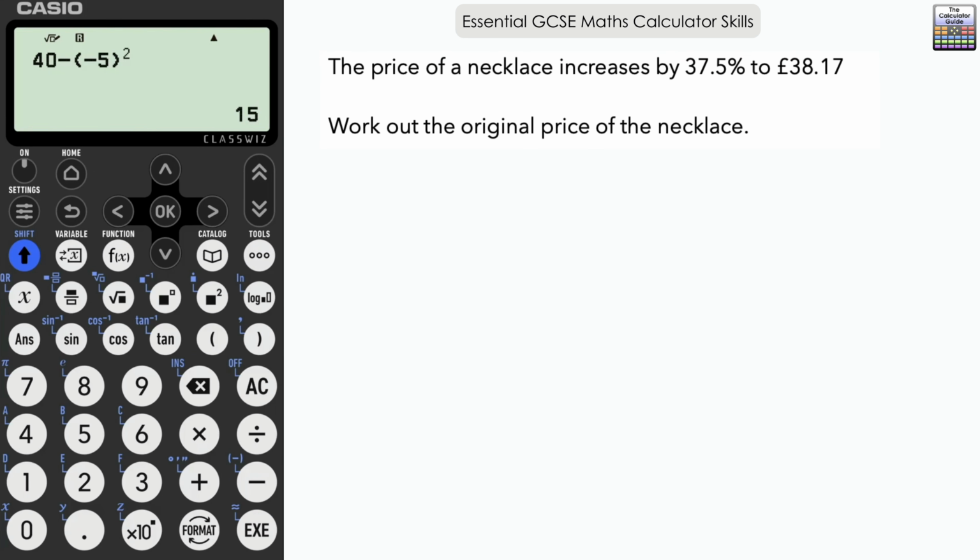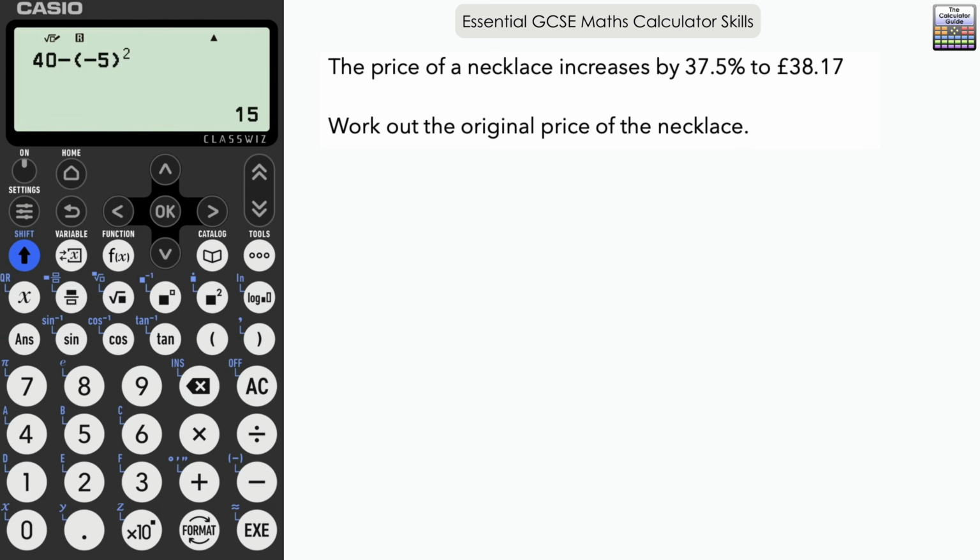The price of a necklace increased by 37.5% to £38.17. Work out the original price of the necklace. I'm going to show you two methods of being able to do this. Firstly, we could work this out using a division. Now, the trick is if you already have a price that has been increased or decreased by a percentage, what we want to do is to go back to the original price.